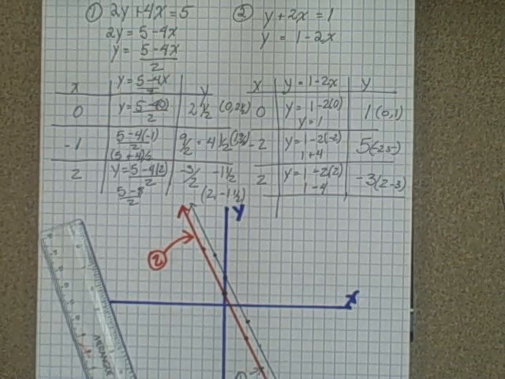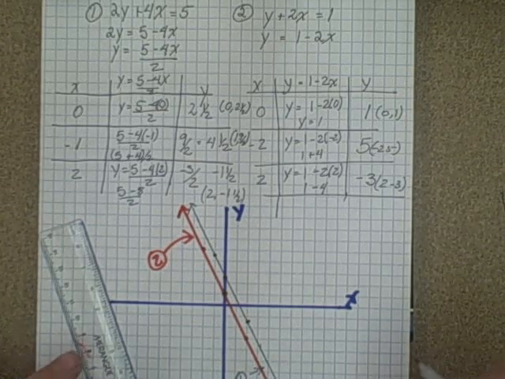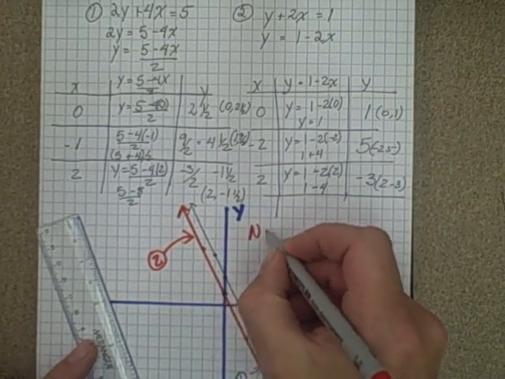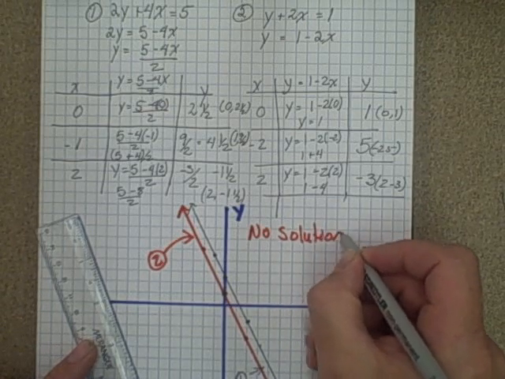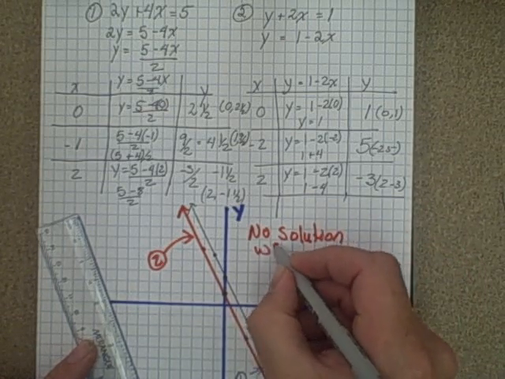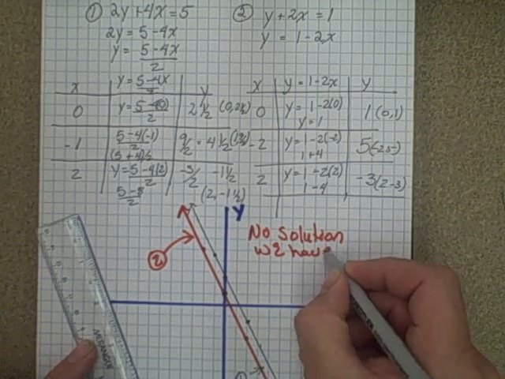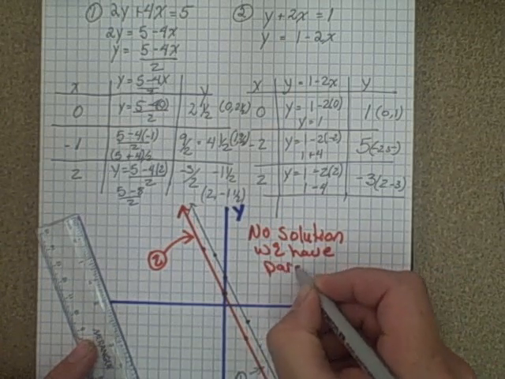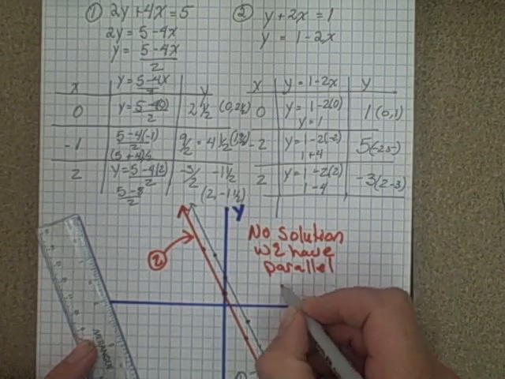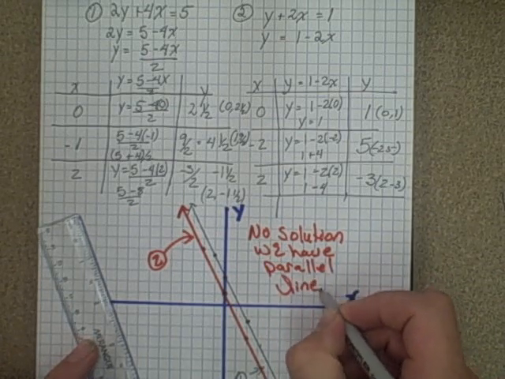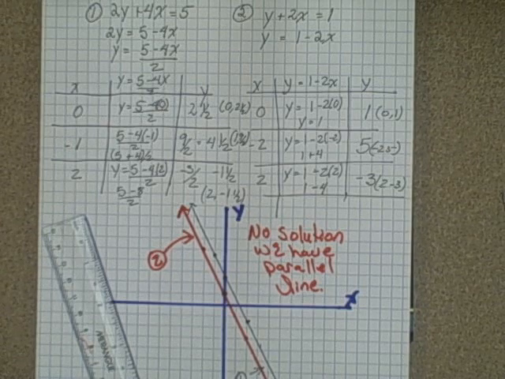If you have parallel lines like these two lines turned out to be, there is no solution set for that system of linear equations, meaning they never cross. So there is no solution. We have parallel lines, which means there's no solution that satisfies those equations, so we don't need to check it.